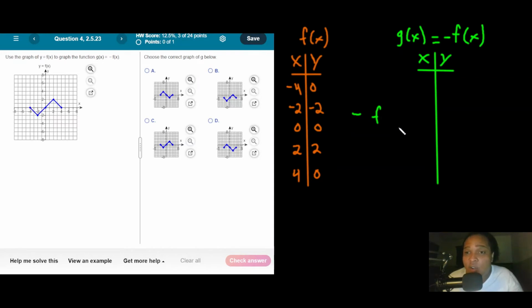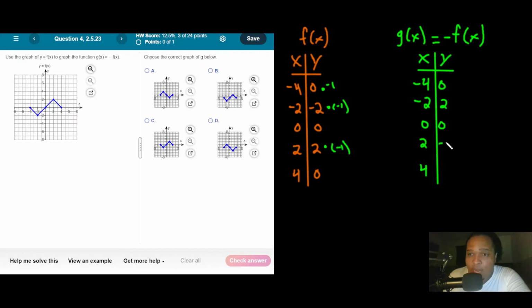Now, there's nothing going on inside the parentheses, so all of our x's are going to stay the same. Write the same x's, okay? But what about the y's? We're going to take all of our y's and just multiply by -1. So 0 times -1 will give you 0. -2 times -1 will give you +2. We get another 0 here. 2 times -1 will give you -2.